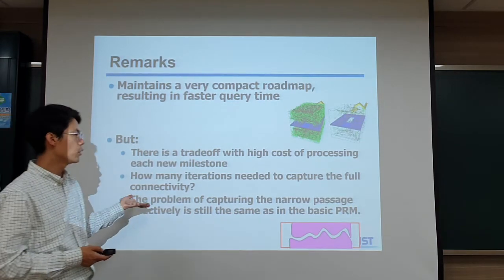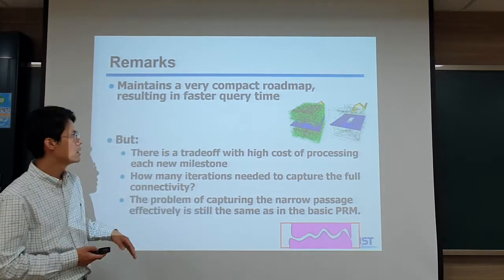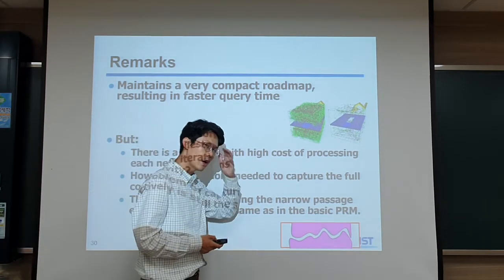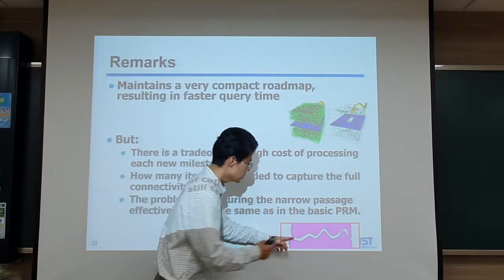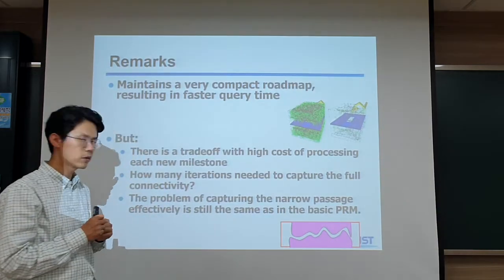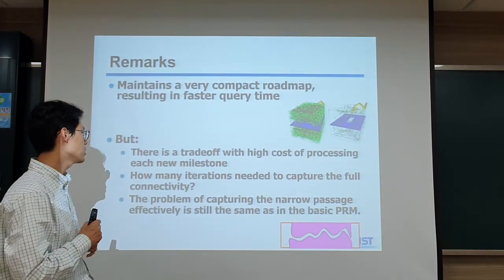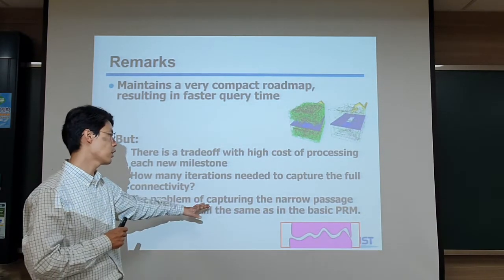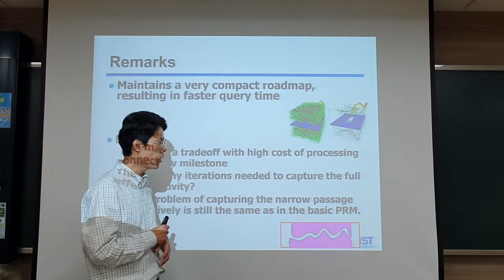Also, it turns out there is the problem of capturing the narrow passage. Basically, when you have a narrow passage, you cannot see each other. You cannot see from here to there, right? Because of the very narrow free space, and then you need to generate a lot of samples. And it turns out that the problem of capturing narrow passages is the same as the one in the basic PRM.